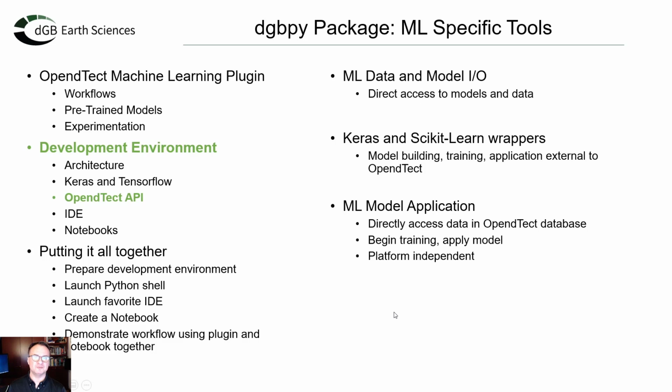And then we have what we call the DGBPy package, which are machine learning specific tools, and they give us direct access to models and data. We can do model building and training in applications external to OpenDetect, and bring those things back into OpenDetect. And because we can directly access the data in the OpenDetect database, we can begin training and applying the model platform independently outside of OpenDetect.